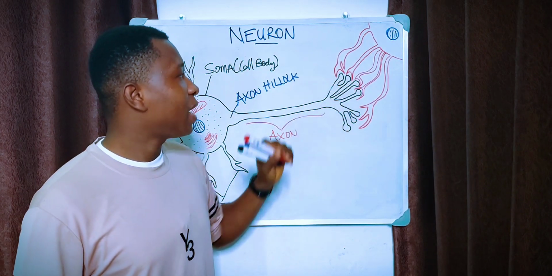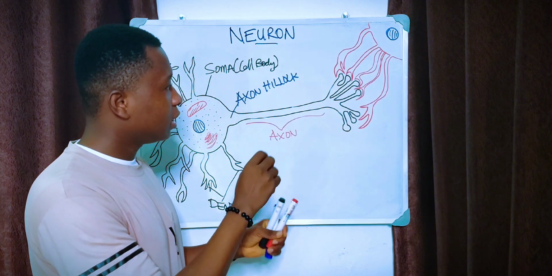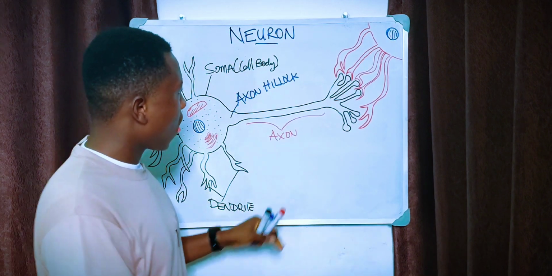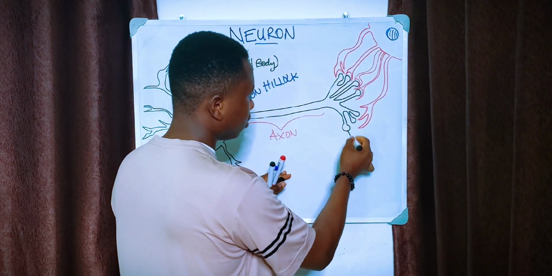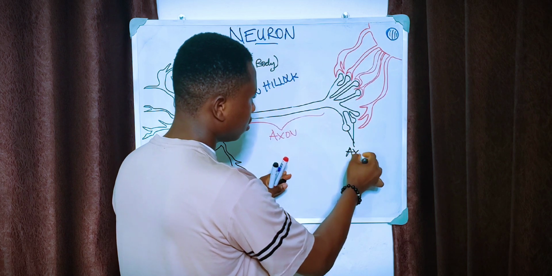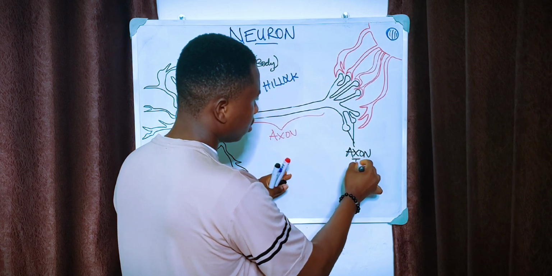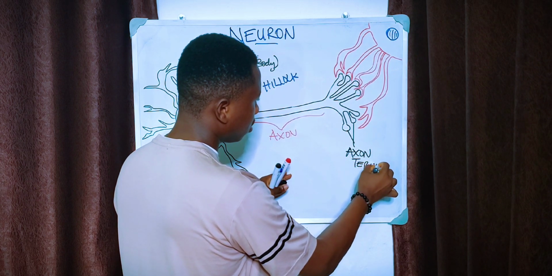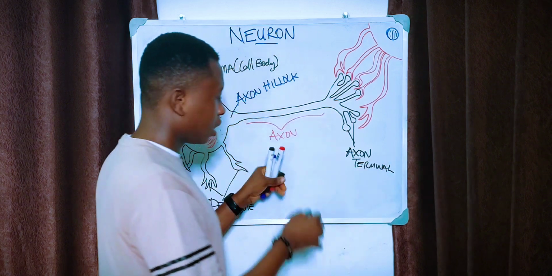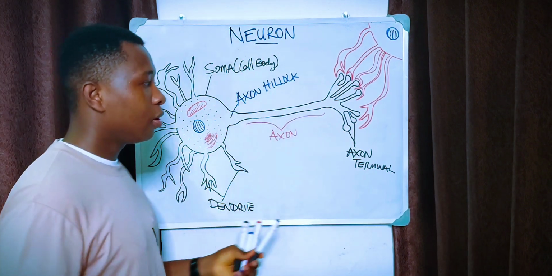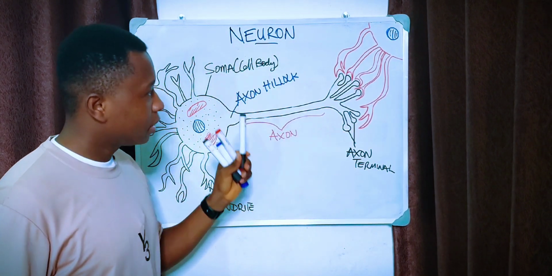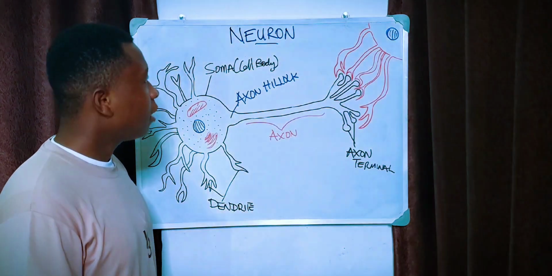Now, this other part is called the axon terminal. So that is the end of the axon terminal.